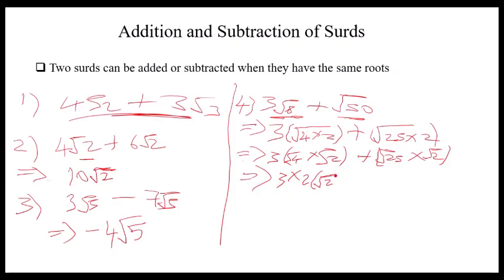Root 2. Right? Then square root of 25 is what? 5. So I brought the 2 out. You understand? So this is 25. Square root of 25 is what? 5. Is 5 root 2.